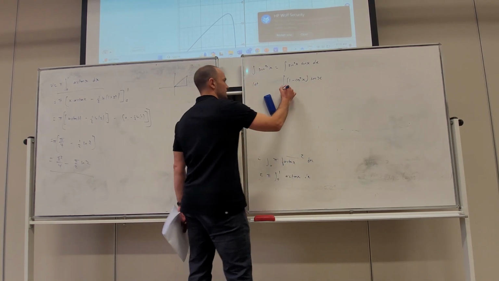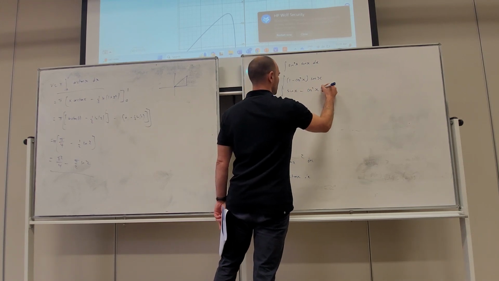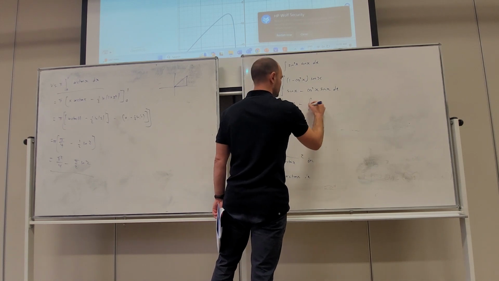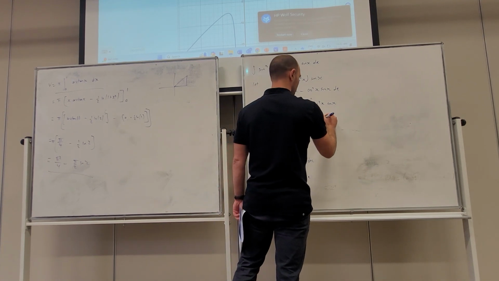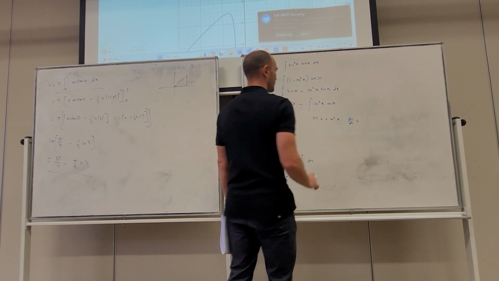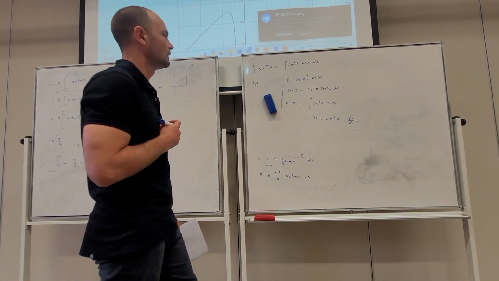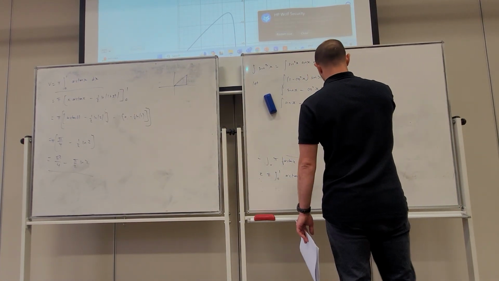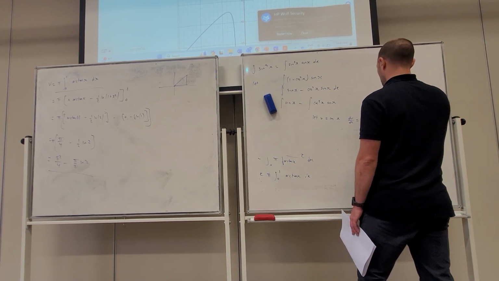Alright, and the reason we're doing that, I'll sort of draw it out for you. Let u equal cos x. du on dx, the derivative of cos x, is negative sine x.